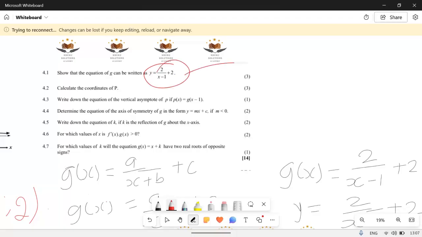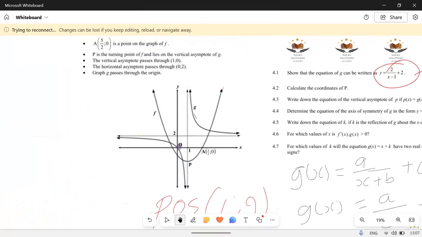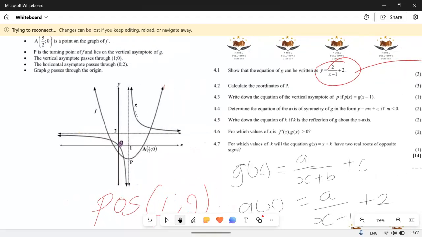It's the same. It's our g of x. And as soon as you have answered the question, please write down the equations for the information that we later use, for your information.